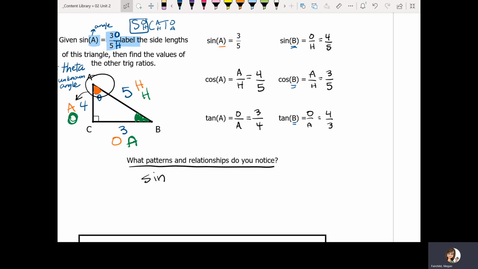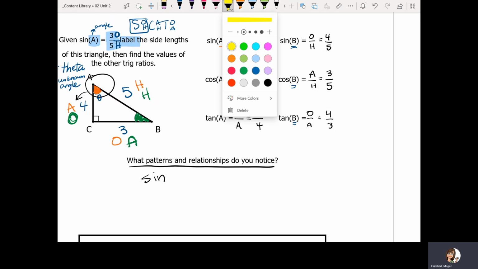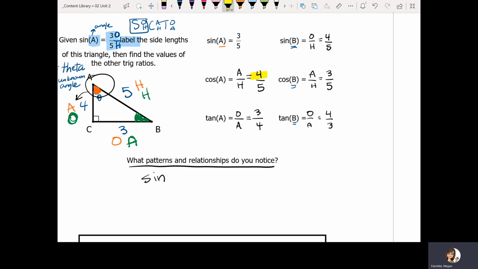Just the fractions. That's fine. So 4 over 5 is the same, so there's 2 4 over 5s, right? Okay. So let's look at what that is. Sine of B is the same as cosine of A, right? That's right. Okay. Do y'all agree with that? They're the same. Okay. What else?